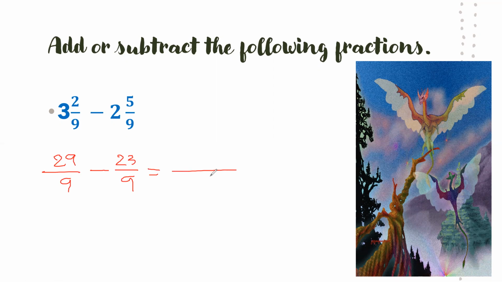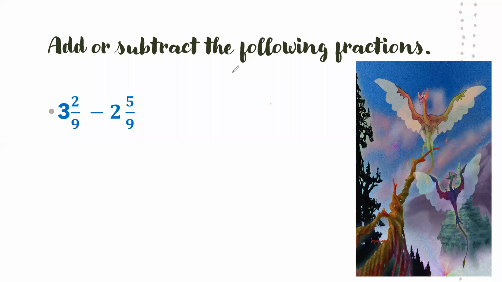Then copy the denominator and then subtract: 29 minus 23 is 6 over 9, or in simplest form, divide the numerator and the denominator by 3, and that is equal to 2 over 3. So the final answer is 2 over 3.